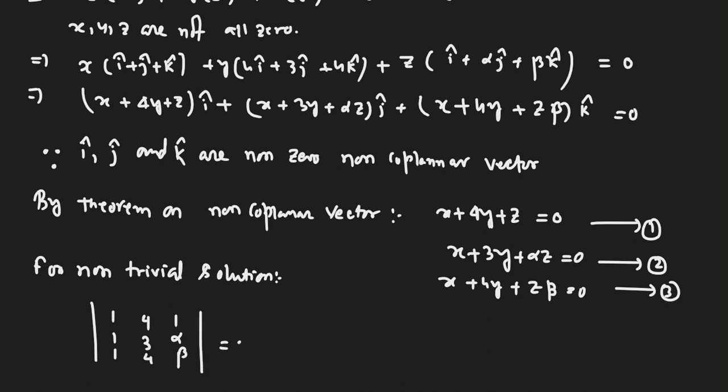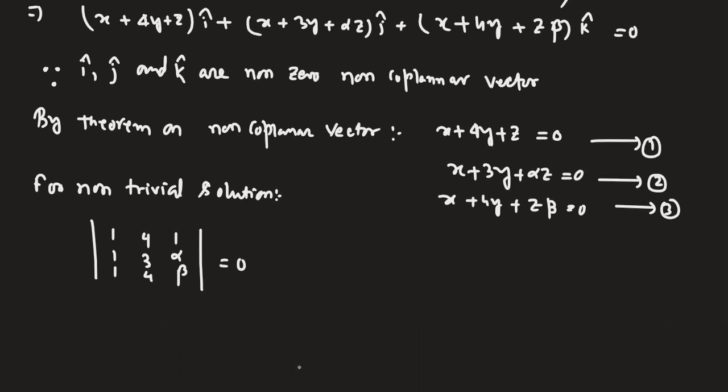When we simplify this determinant, we get the relationship. From here we can write 3 beta minus 4 alpha, then alpha minus beta, then 4 minus 3, that is 1.